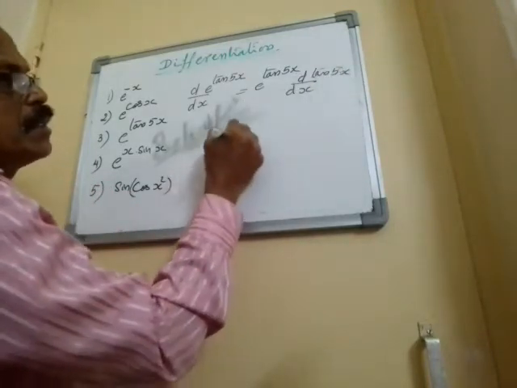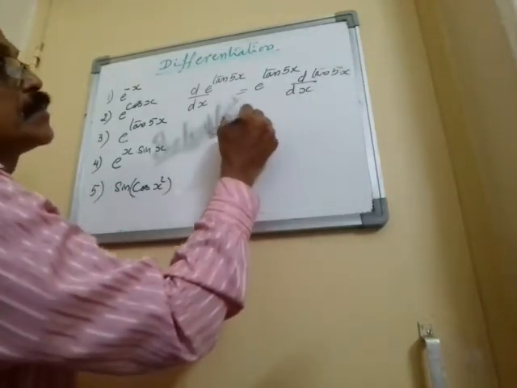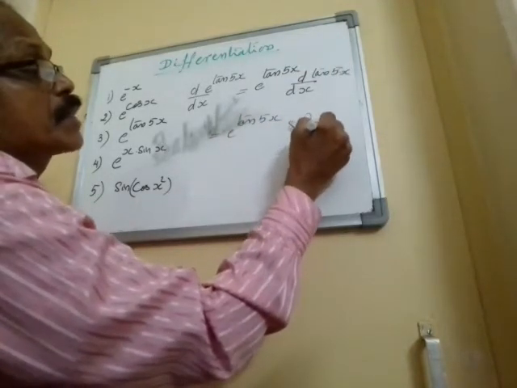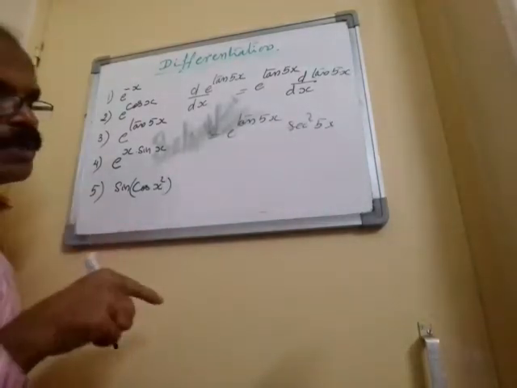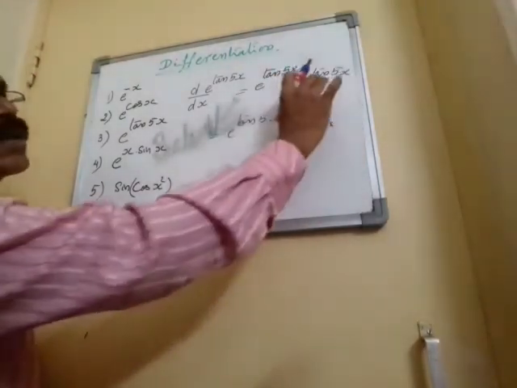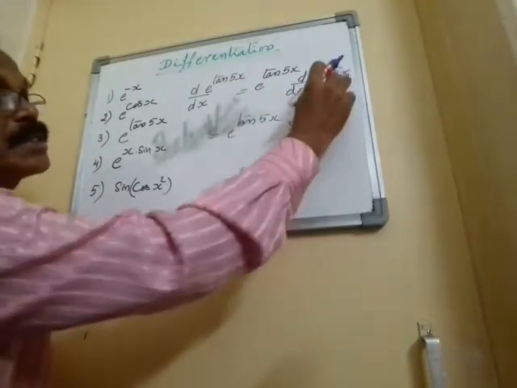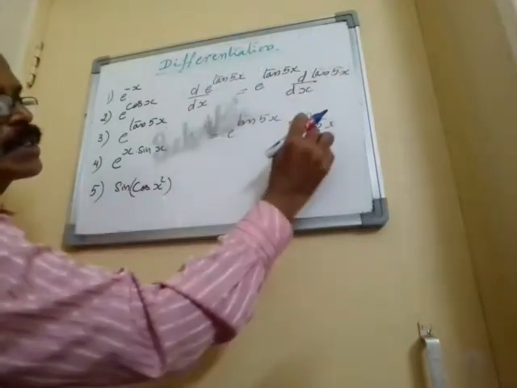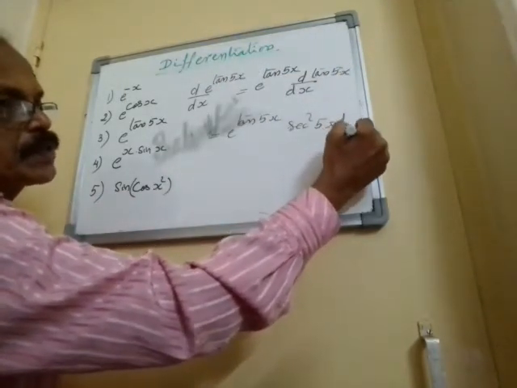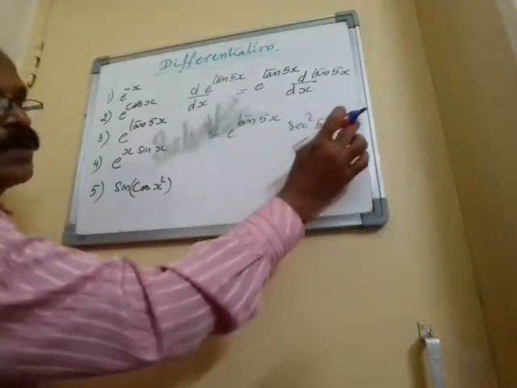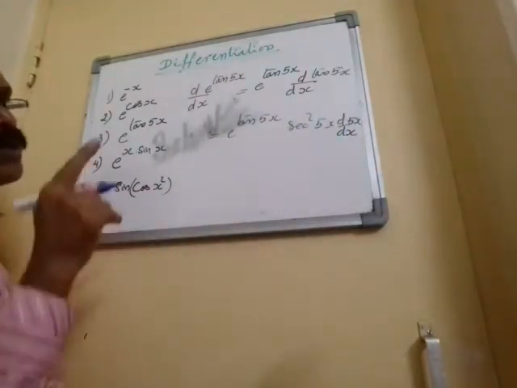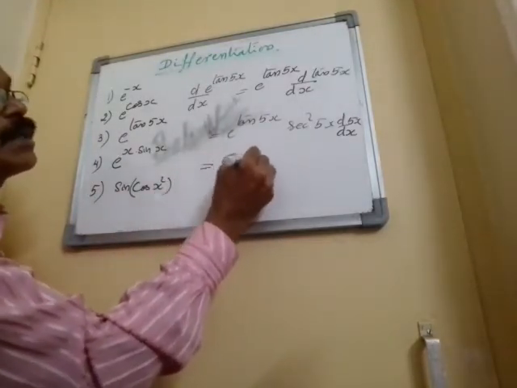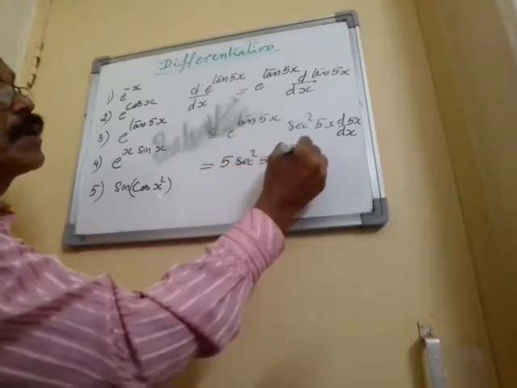Now the answer is e to the power tan 5x, and derivative of tan 5x is sec square 5x. Okay, you remember derivative of tan x is sec square x. So tan 5x gives sec square 5x. Again there is a change in place of x. Instead of x here we have 5x. So we have to differentiate that 5x also. Now the derivative of 5x is just 5 because derivative of x is 1. So the answer is 5 sec square 5x into e to the power tan 5x.